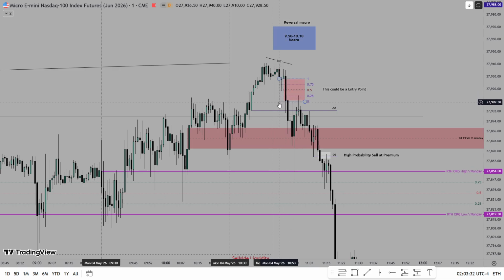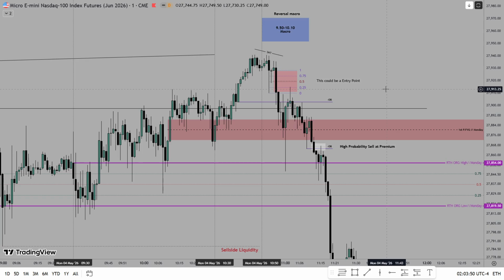This is the market structure shift, and it also created this fair value gap aligned with this discount wick. I marked this discount wick with quadrants, and let's see how price respects these quadrant levels inside this fair value gap.